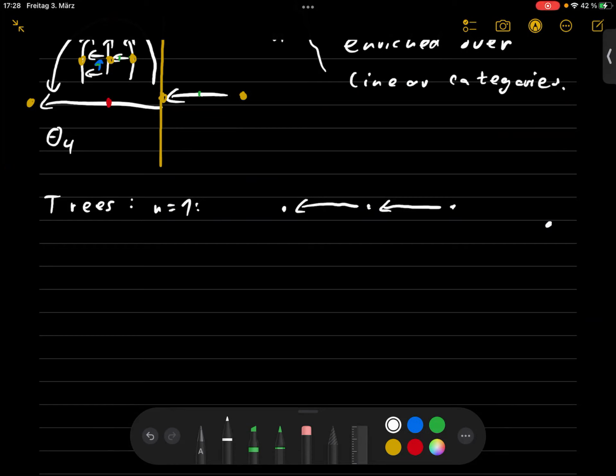We have a root, and 2 edges that go up. Maybe I don't draw the arrows on the tree. The thing is, how this corresponds to each other is that we have these 3 objects, and they correspond to the 3 sectors of the trees. And the morphisms correspond to the edges.